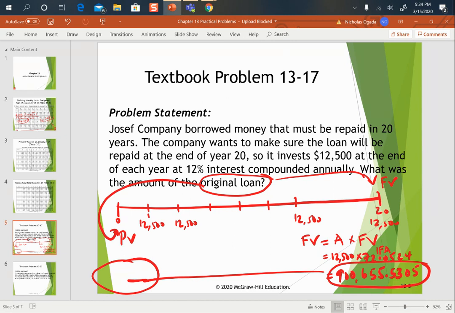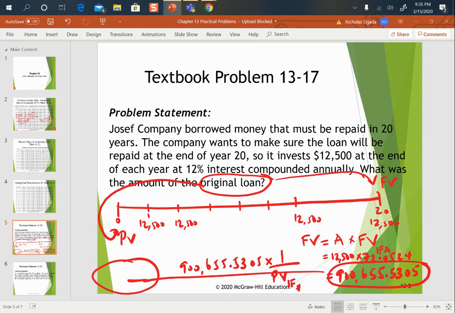you'll take the future value and then you multiply it by the present value interest factor. In this case, the present value interest factor for a single amount where n is 20 and the rate is 12%, you'll take 900,655.5305 times the present value interest factor of $1.